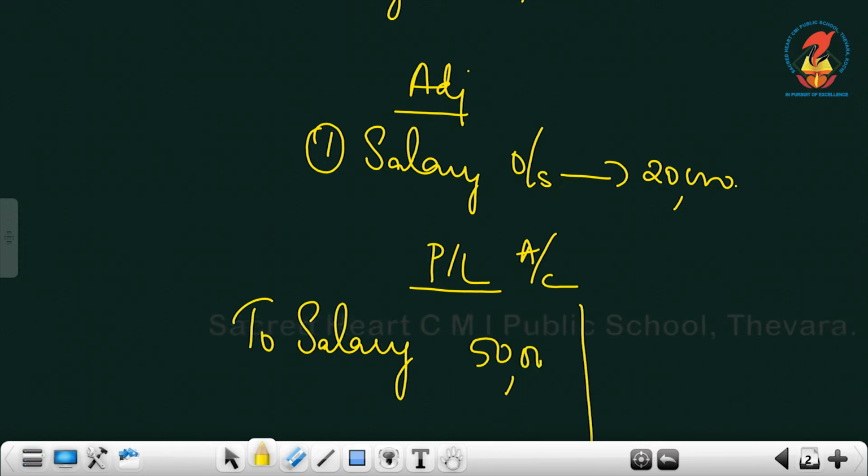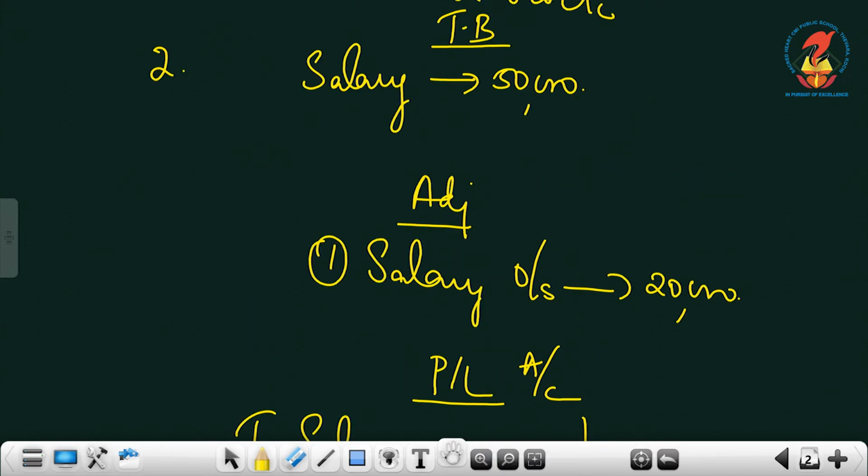To salary, you have to write that 50,000 in the inner column since you have an adjustment related to salary. This is the usual treatment that you did in the previous chapter. Salary being an indirect expense, you have to record it on the debit side. So to salary, that 50,000 which is given inside the trial balance, that figure you have to take.